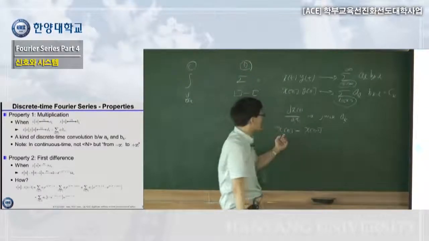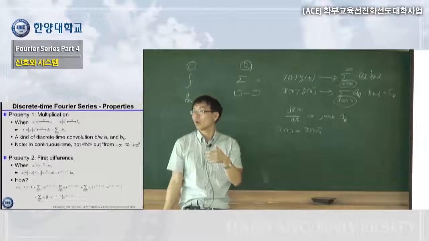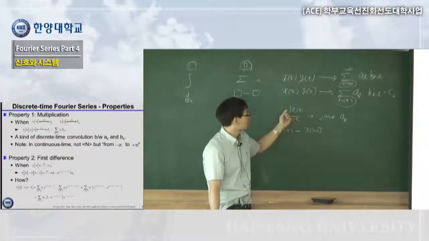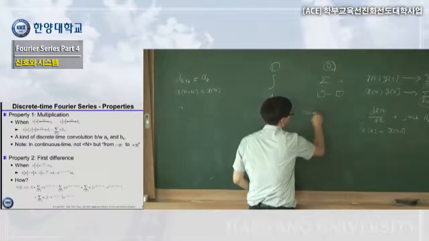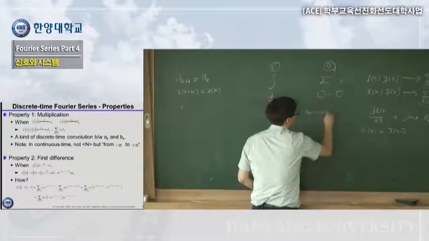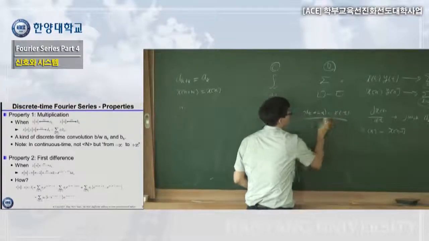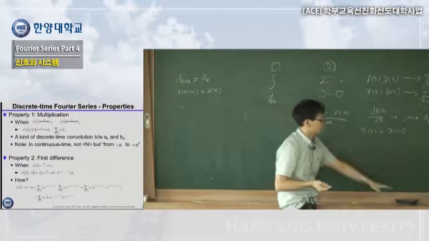Minus 1, because this one is digital: 1, 2, 3, 4. It doesn't have to be 1.5, or 1 to 1.3. So if you subtract these two, if you remember the differentiation, x(t plus delta t) minus x(t) divided by delta t, and make delta t go to zero, that's the definition. So same here.